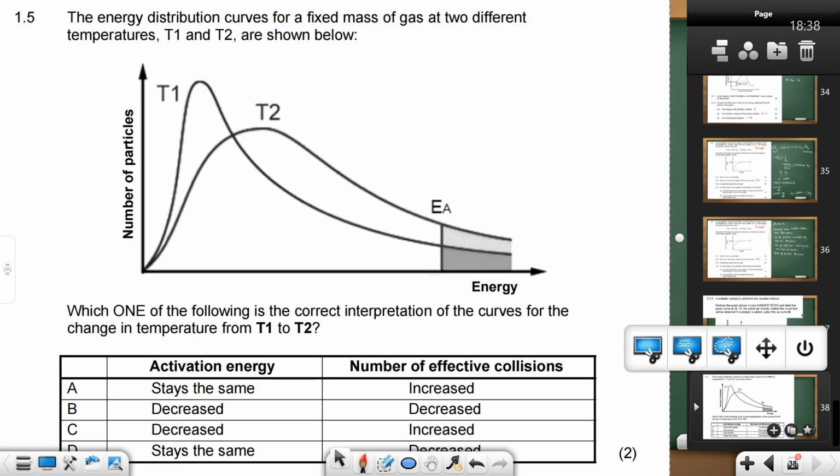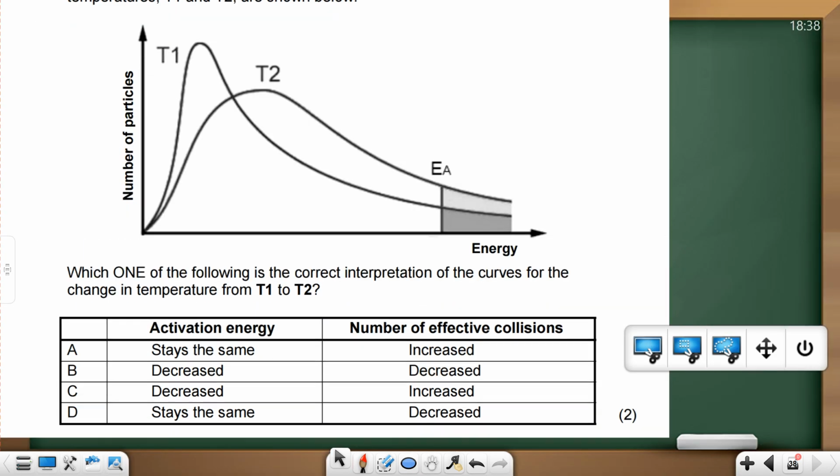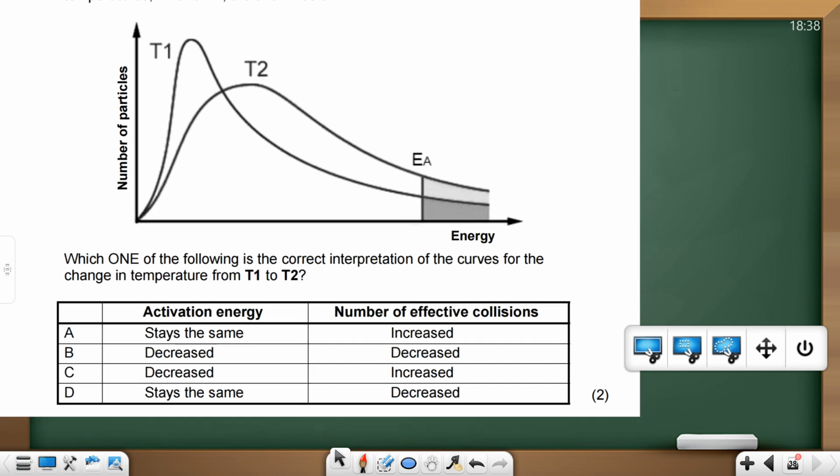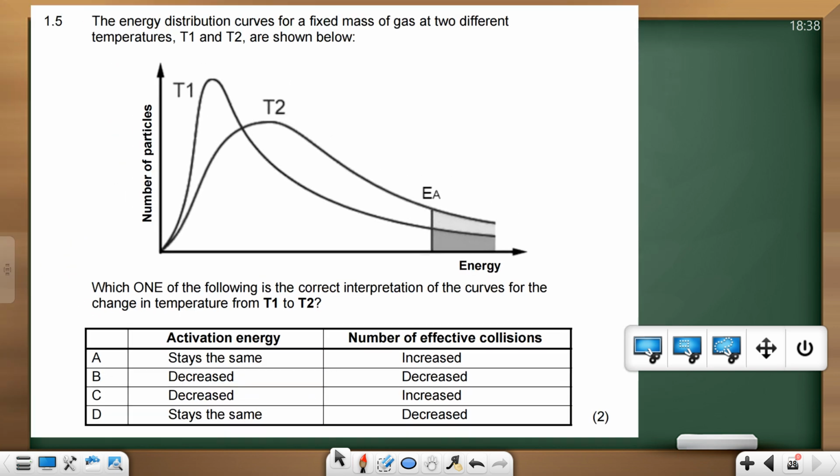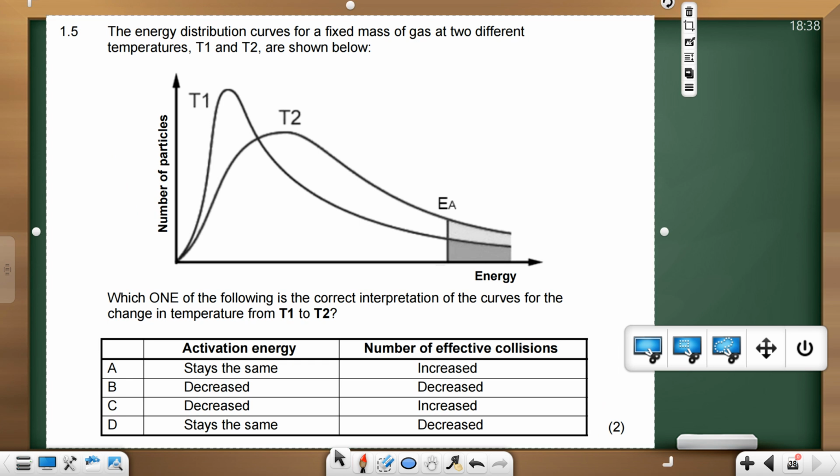Okay, there we go. Please answer this. Here I say nothing. From T1 to T2. Oh, I love the way they asked this one here.